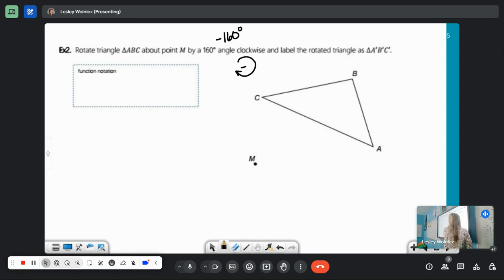So when we do our function, we have to make sure if it's clockwise, we do negative for the angle, because otherwise we'll go the wrong direction. Okay, so my function notation, great big little lowercase r. That way I can tell your subscript is a subscript. Otherwise, it's hard for me to tell. Open your parentheses. You're going negative 160 degrees.